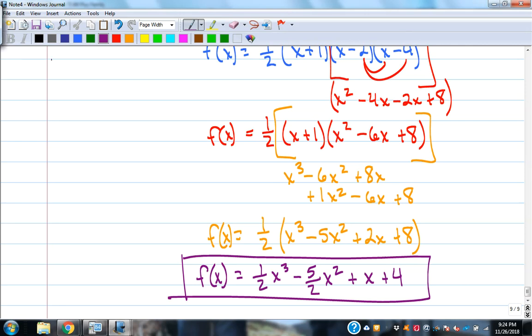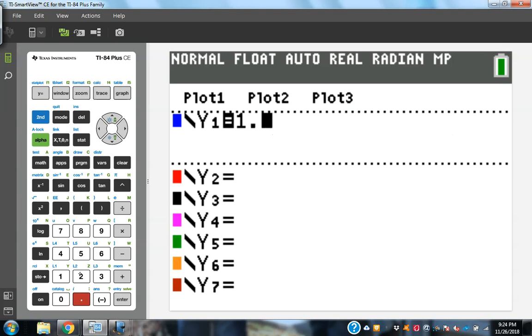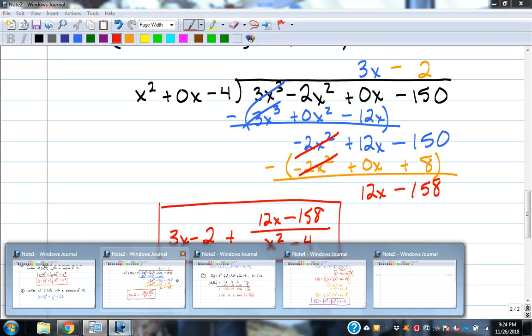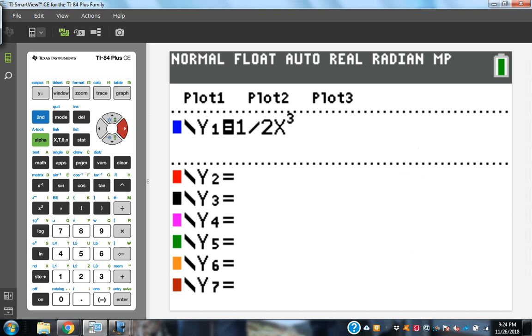So if I graph that, y equals 1/2 x raised to the third minus 5 over 2 x squared plus x plus 4. Graph.